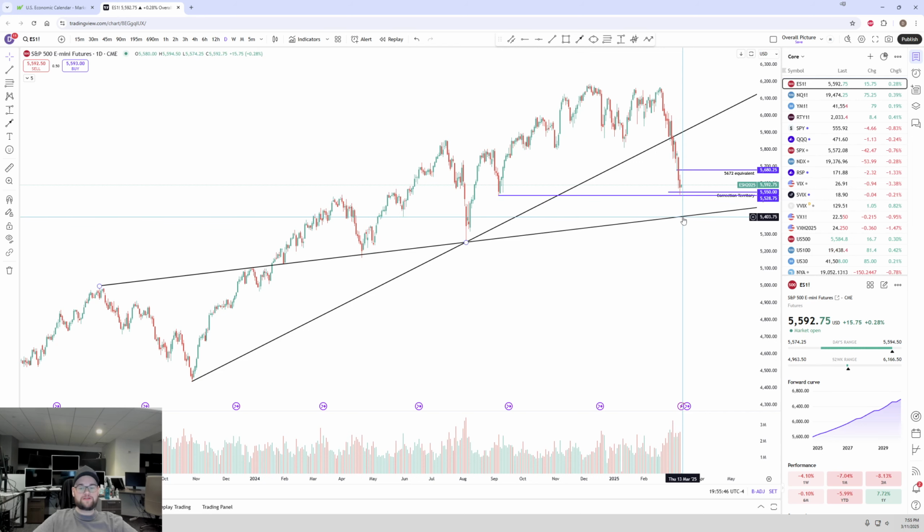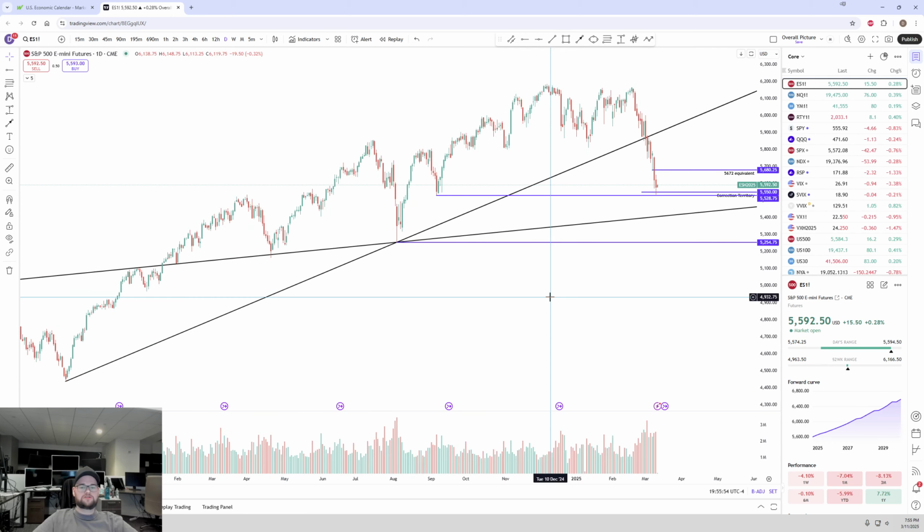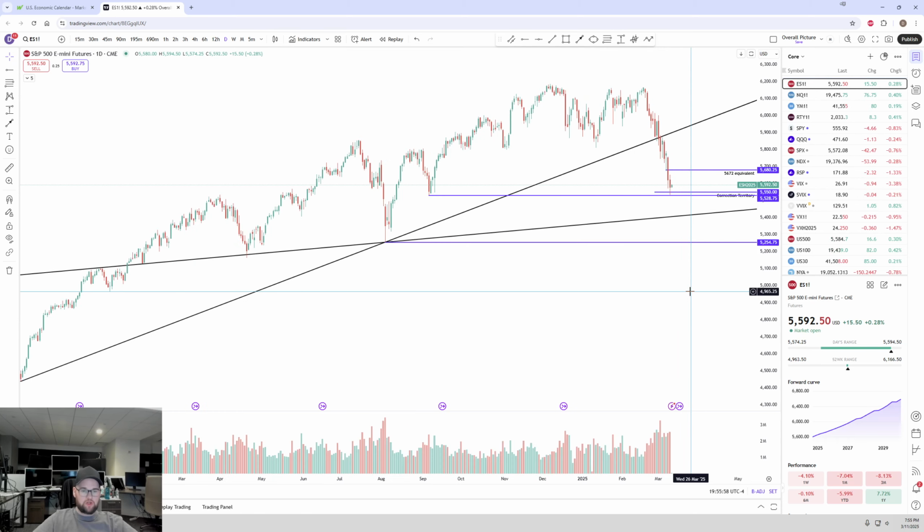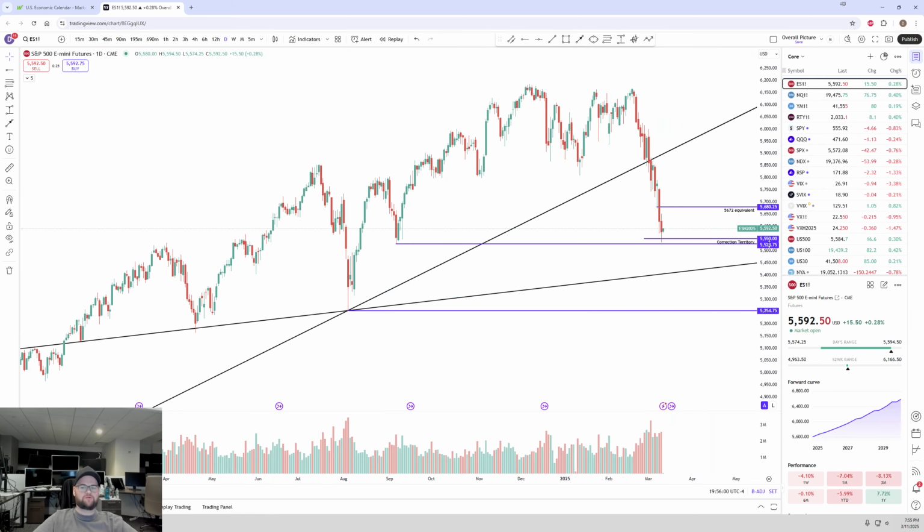And then if the correction, or if this trend line breaches, my next level would be the previous swing low from August 5th. So this is what I have in terms of where I will be looking at engaging price action around over the next 3 days and beyond that.